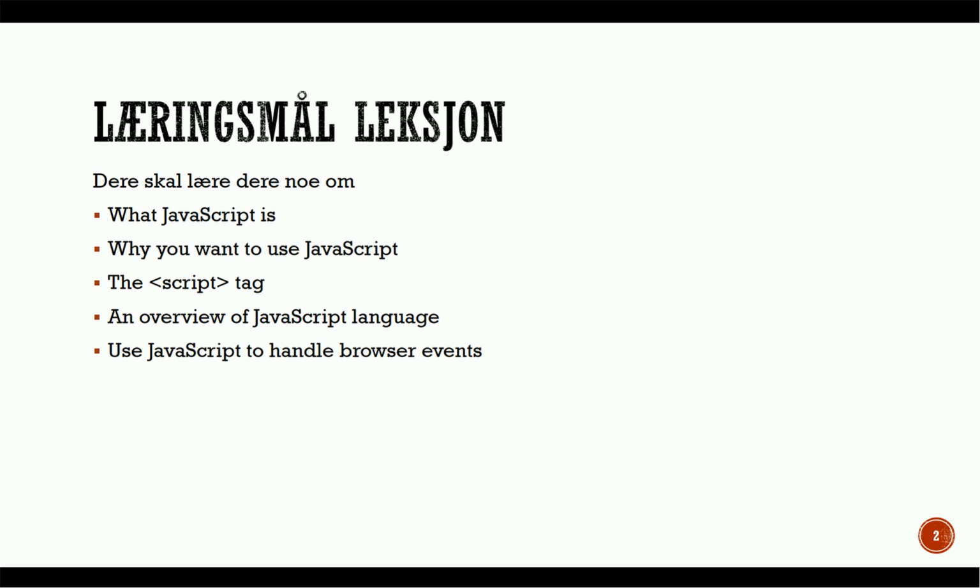And we also learn an overview of JavaScript as a language, its basic grammar and syntax. And we will see real examples of using JavaScript to write small functions, procedures, and to handle some browser events.